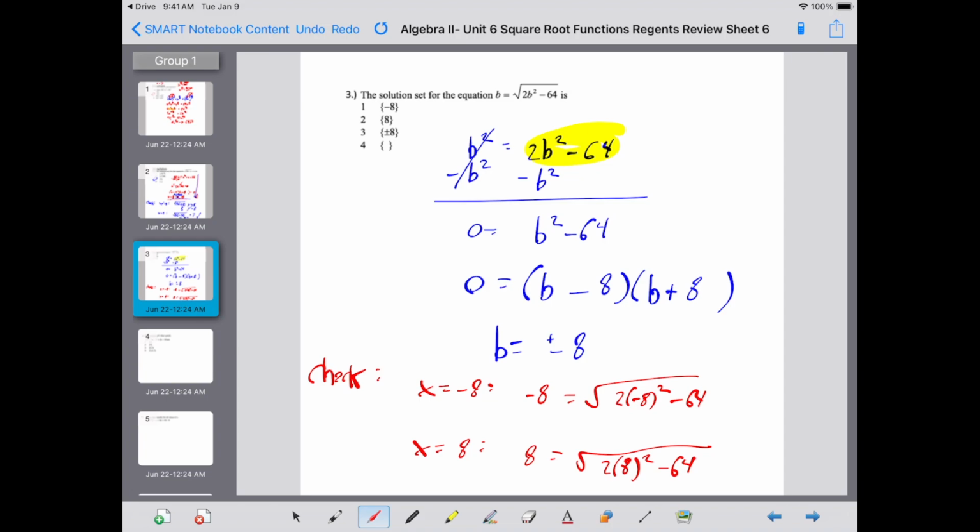Negative 8 squared is 64. 64 times 2 is, it doesn't matter because you're subtracting 64. So that's just going to give you 64 again. Square root of 64 is 8. Does negative 8 equal 8? No. So that is extraneous.